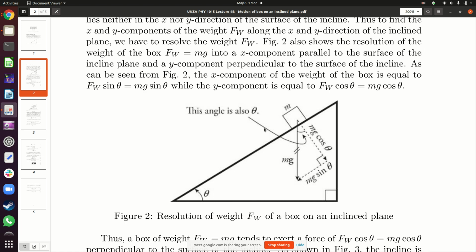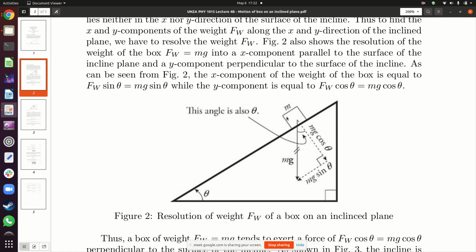So for us to work out the resultant force, we need to come up with directions. Which direction is going to be the x-axis? Which direction is going to be the y-axis? That's what we need to do. Otherwise, we are not going to be able to work out any resultant force if you do not know the direction. So you need to be able to find directions.